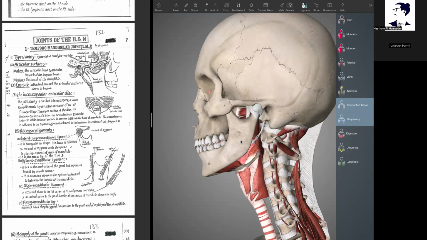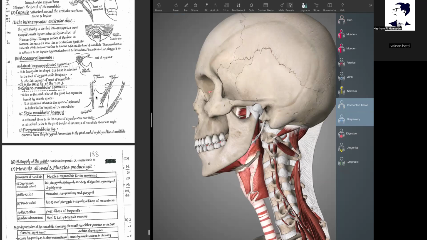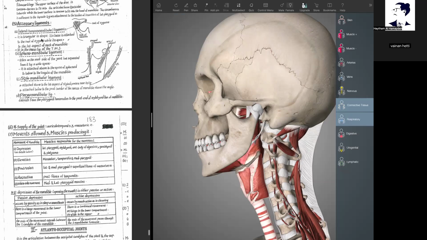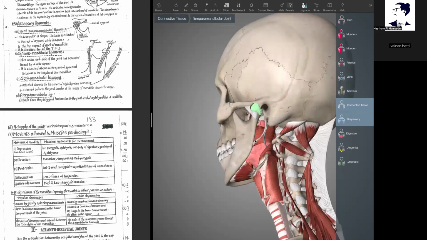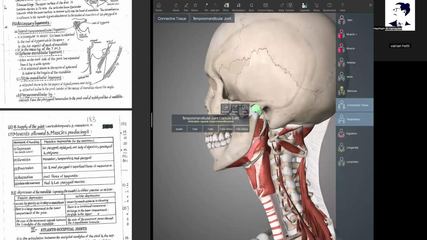Okay? Deal. طيب, number 5. The ligaments. Number 1, temporomandibular ligament. And we have to know it connects what to what.